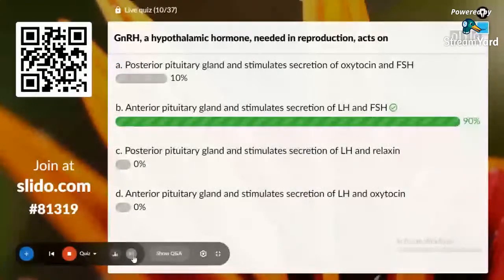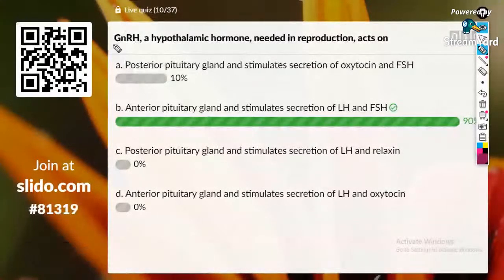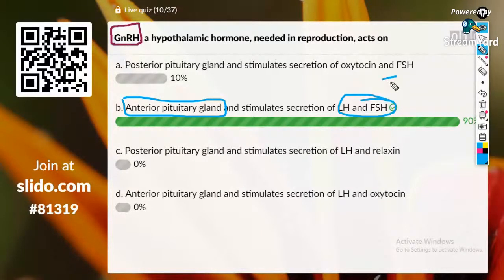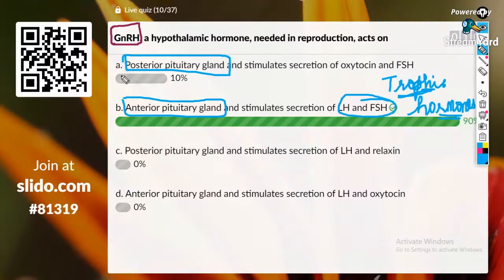Guys, I don't know why some of you have voted for this option A. GnRH, gonadotropin releasing hormone, acts on the anterior pituitary gland because anterior pituitary produces tropic hormones. Posterior pituitary gland actually doesn't produce any hormone.